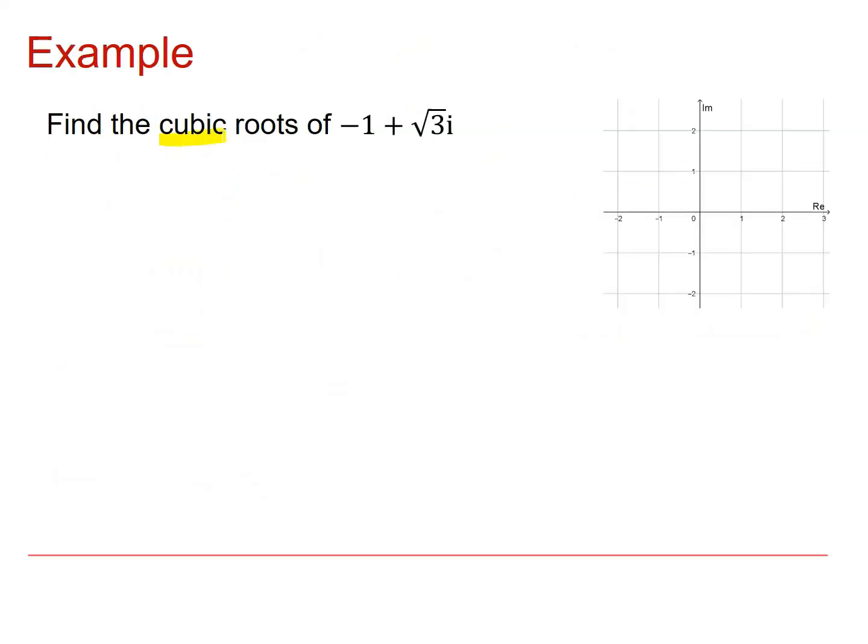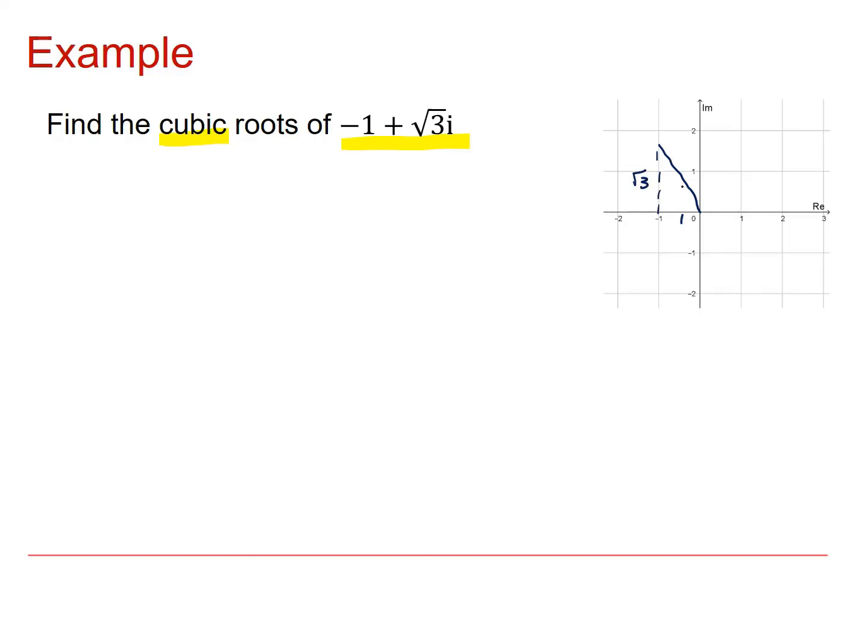I want the cube roots of minus 1 plus root 3i. That means I'm looking for the 3 cube roots of that. And the starting point is to find the modulus and argument of this complex number. Drawing that on an Argand diagram then, if we just sketch this in, I know that that's going to be root 3 and that's going to be 1.